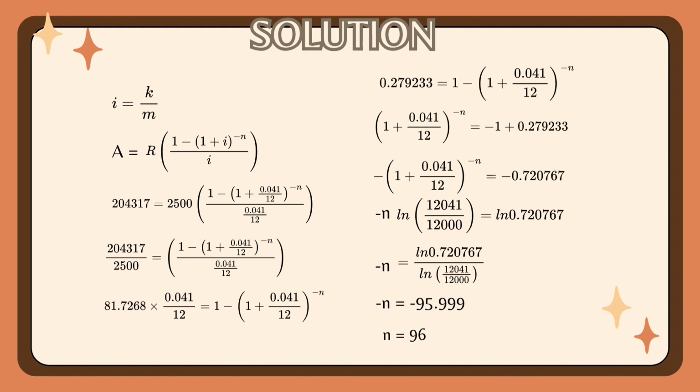And then we got 0.279233. And then we need to minus 0.279233 with 1. And then we got negative 0.720767. So we just use the log formula for both sides. So we get negative N equal to negative 95.99. We need to round up. So we get N equal to 96.